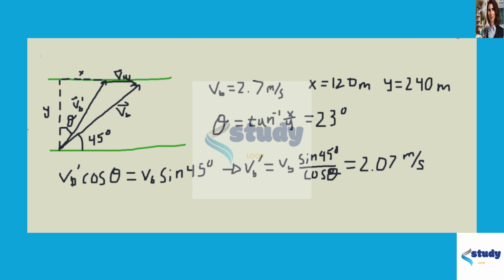Okay, so now that we have that, we can equate the horizontal components of the velocity to one another and solve for the velocity of the water. So let's go ahead and do that. We have v of b prime, now multiplied by the sine, because we're doing horizontal, of theta, is equal to v of b, now multiplied by the cosine of 45.